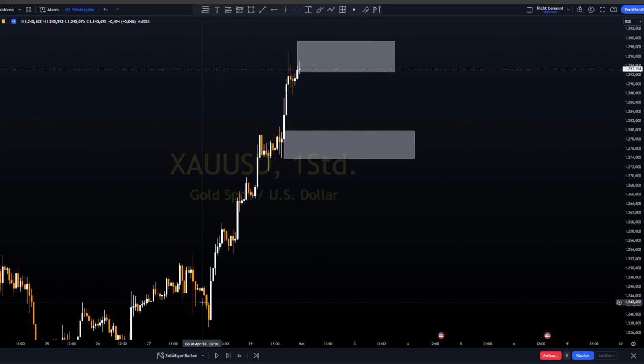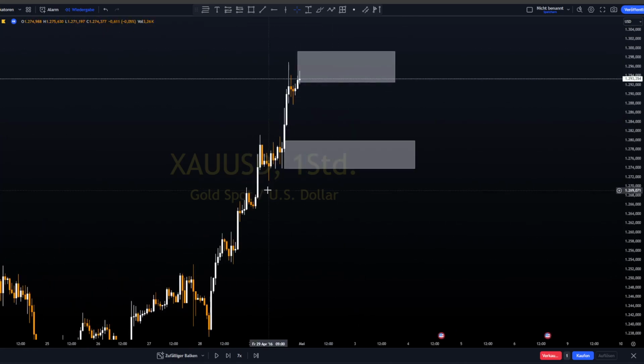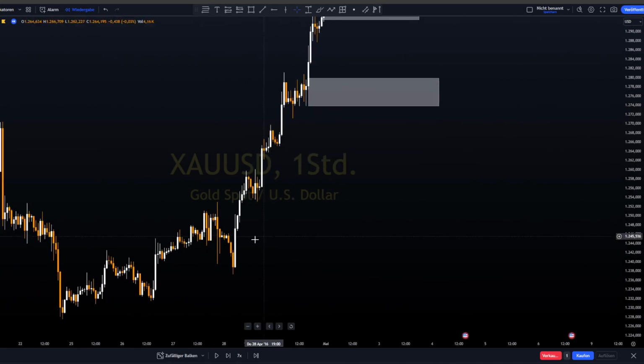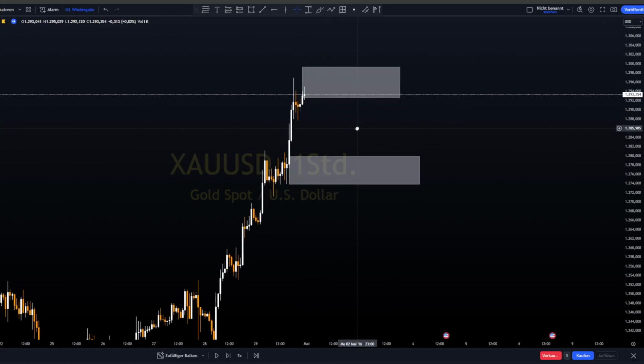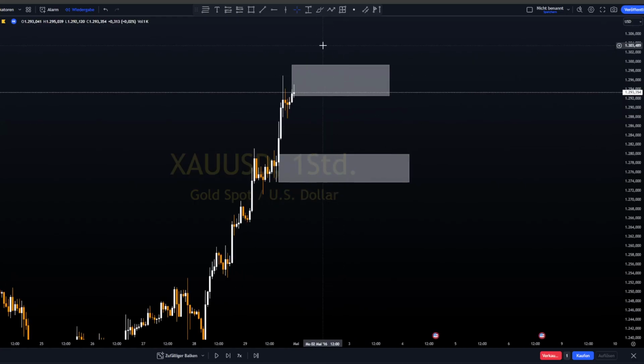Because the move is already a lot flying, you see, we break the structures to the upside one time, twice, three times, four times, five times. So now, me personally, after such a long move, I would tend more to the passive entry.